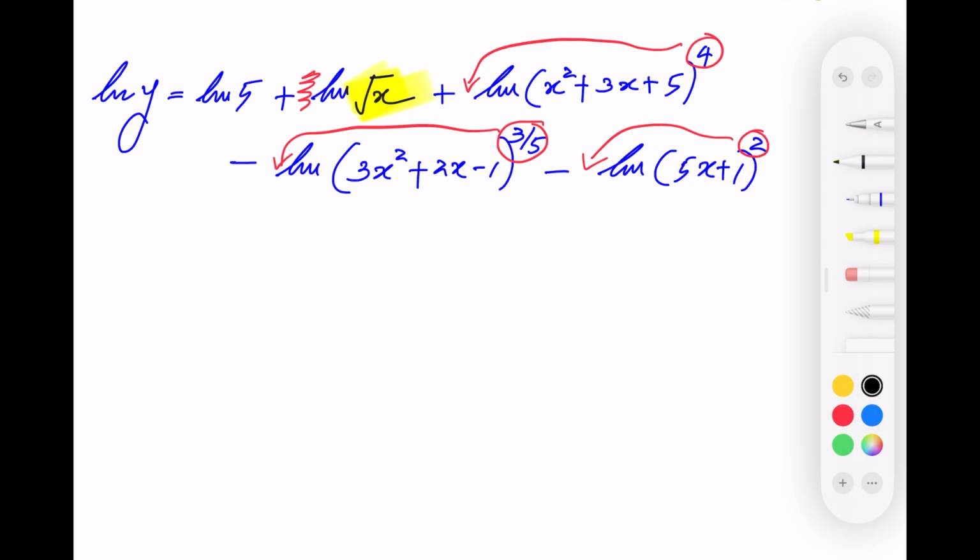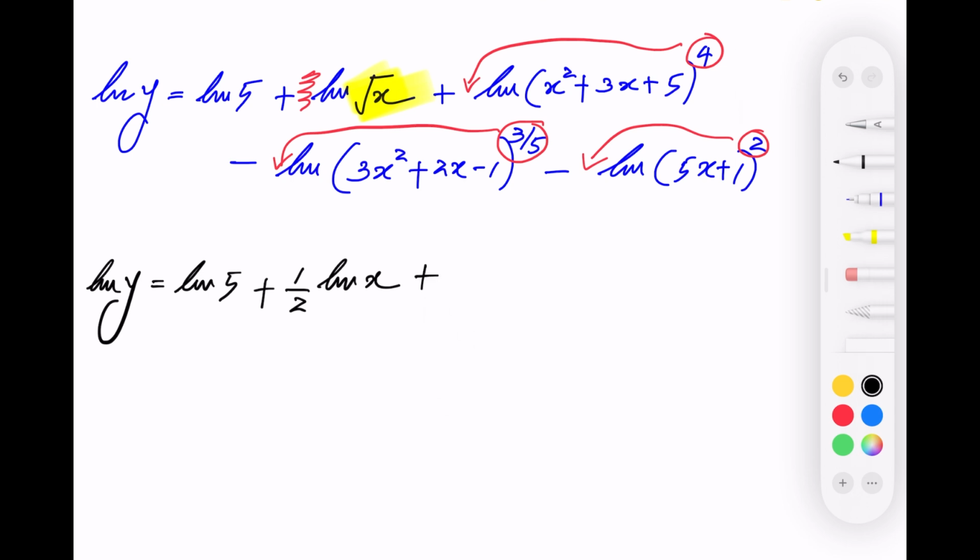On the left-hand side, I simply have natural logarithm y. On the right-hand side, the first term is just natural logarithm 5. That plus the second term, I'm going to identify this term as x raised to the 1/2, and that 1/2 will be written up front, natural logarithm x, plus.